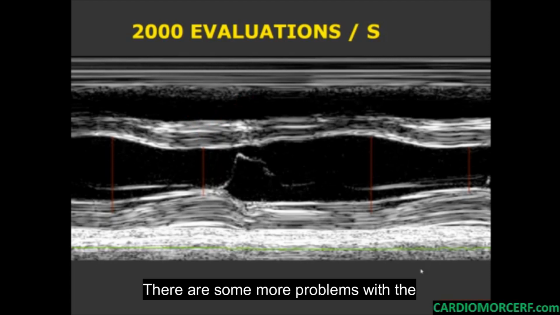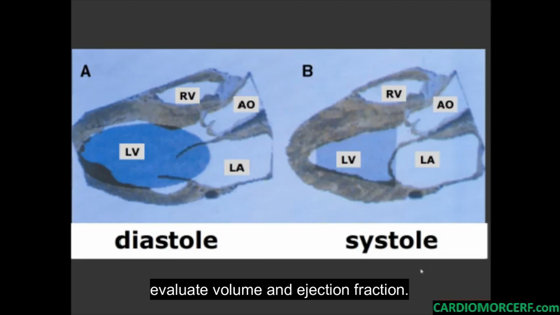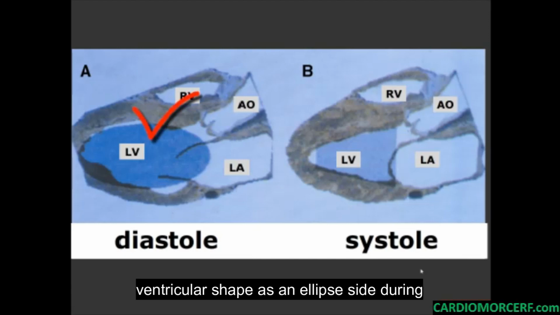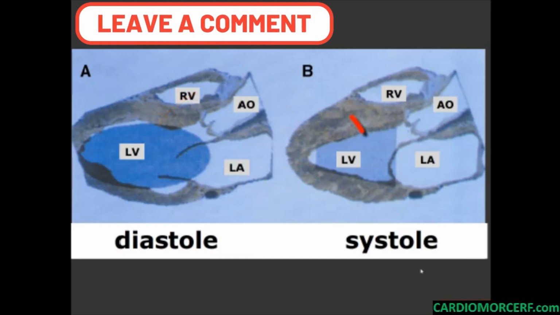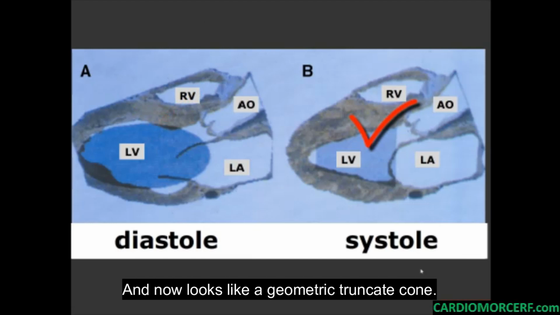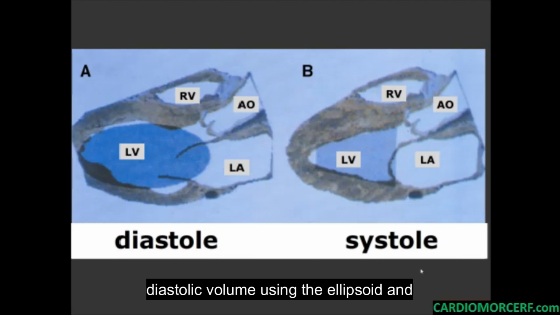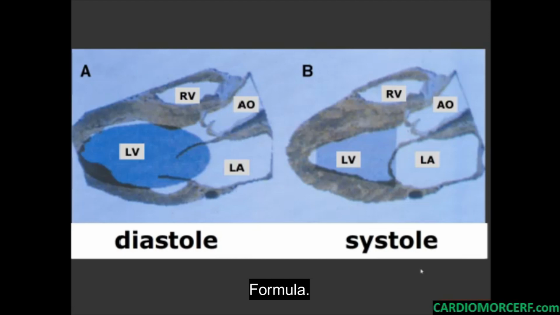There are some more problems with the concept of using the ellipsoid as the method to evaluate volume and ejection fraction. One of them is that if we consider the left ventricular shape as an ellipsoid during diastole, it changes its shape in systole and now looks like a geometric truncated cone. Then we should have an equation for diastolic volume using the ellipsoid, and another for systole using the truncated cone formula.